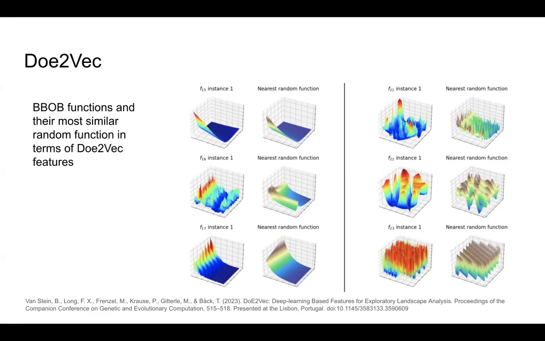And the main idea behind this was that you could potentially use such an autoencoder to find a cheap to evaluate replacement function for your optimization problem, so that instead of performing algorithm selection for the expensive problem, you would do it for the cheaper one.